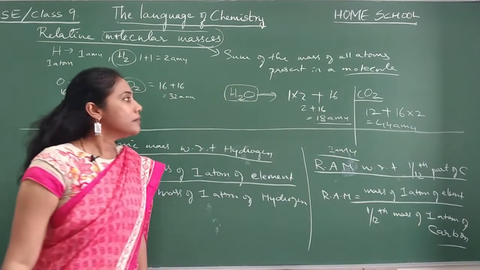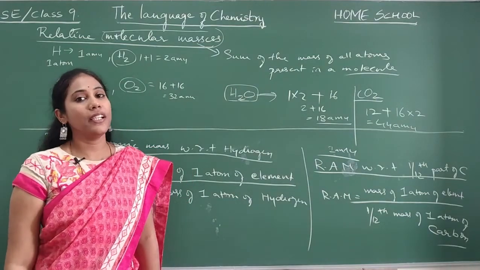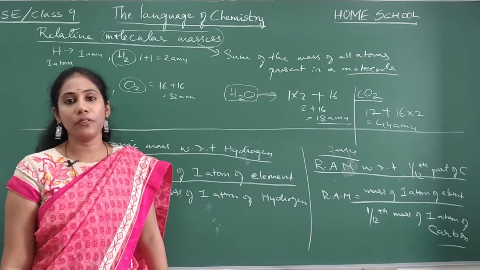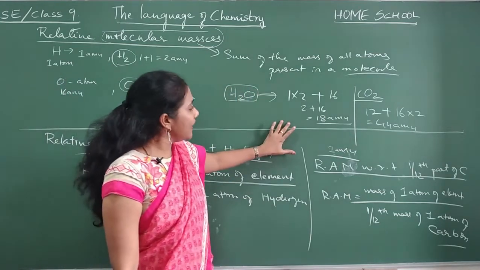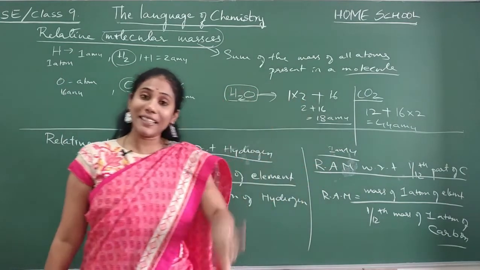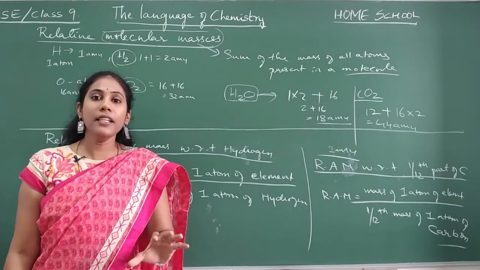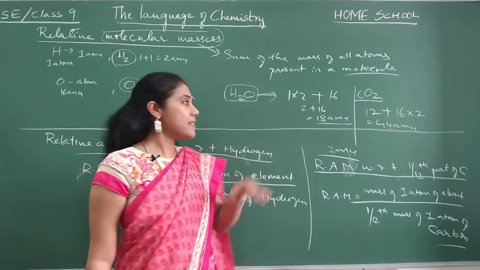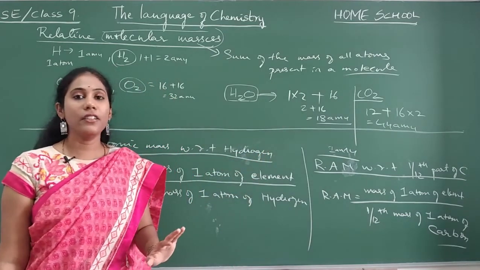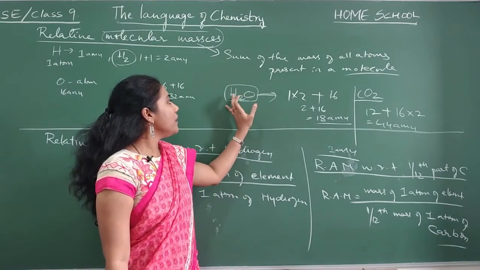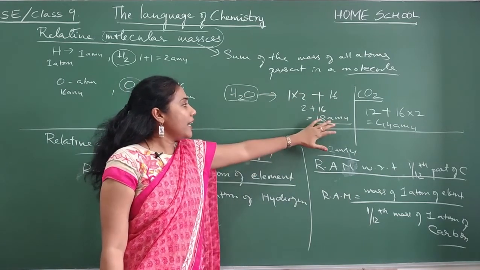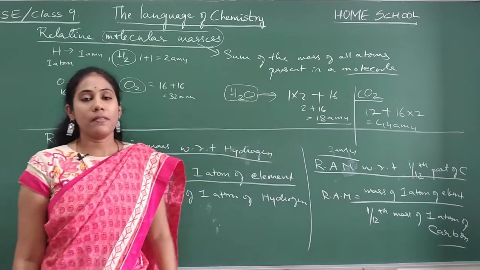Yes or no? 32 plus 12, it is 44 AMU. So this is how we find the molecular masses practically. In a molecule we find out how many atoms are there, add their atomic masses, and tell it as molecular mass.